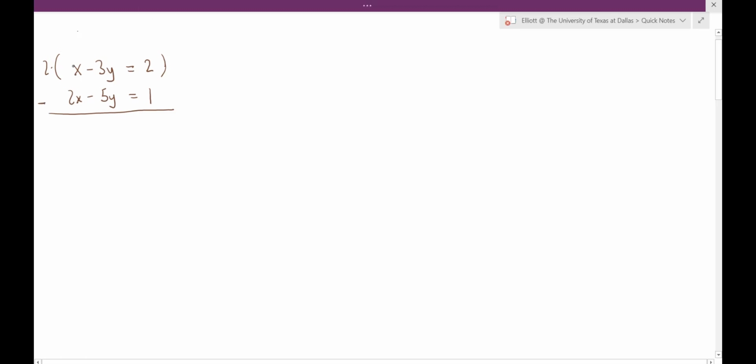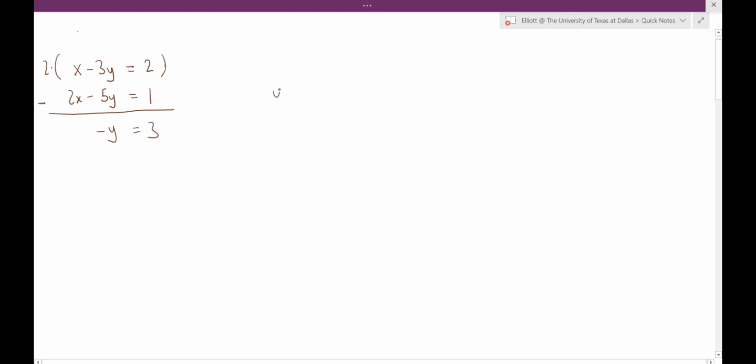If we do that, 2x minus 2x, so the x's are eliminated, that's our goal, minus 6y, minus a negative, so plus 5y, leaves us with minus y, and then we get 4 minus 1 is 3.